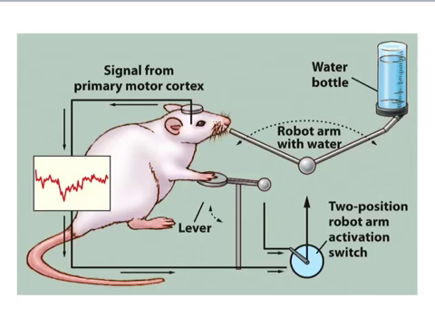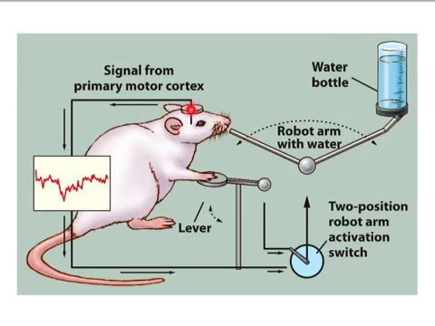While the rat is doing this, they're recording from the primary motor cortex, and they're looking at population vectors that arise when the rat is pressing the lever and getting its water. Eventually, they were able to use the signals from the primary motor cortex, already identified as movements, to actually move the robot arm.